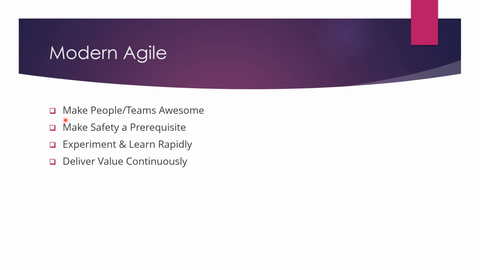The very first one is making people and teams awesome, the second is making safety a prerequisite, the third is experimenting and learning rapidly, and the fourth is delivering value continuously. On the basis of these four principles, modern agile recommends organizations and teams to practice agile. We will explore each of these principles in detail.